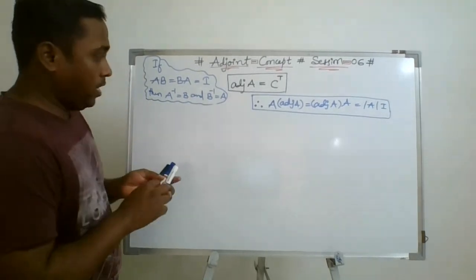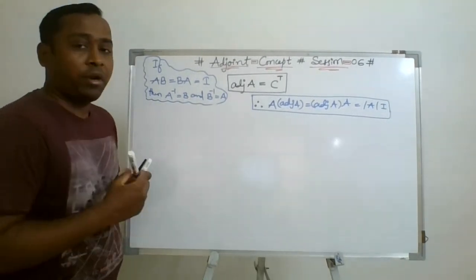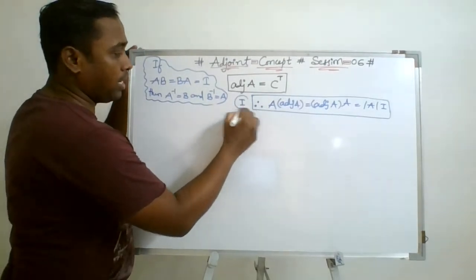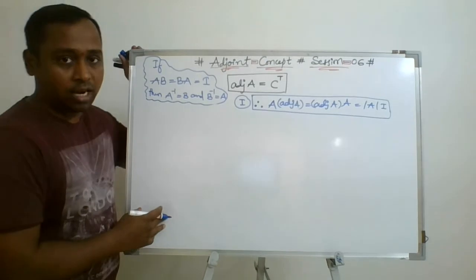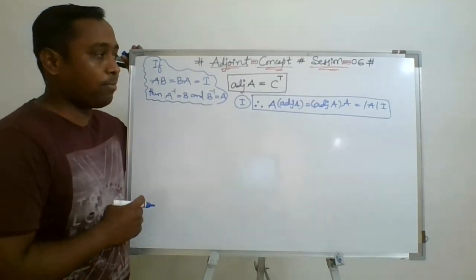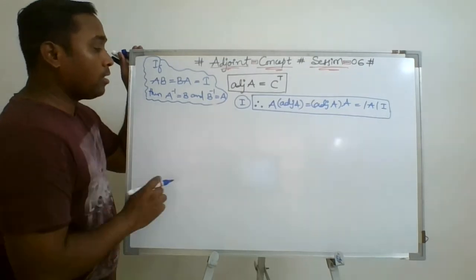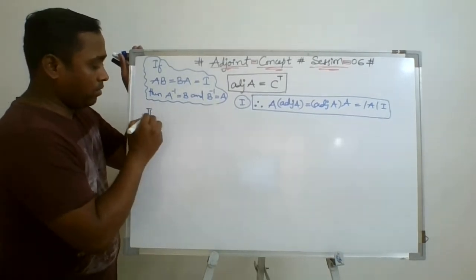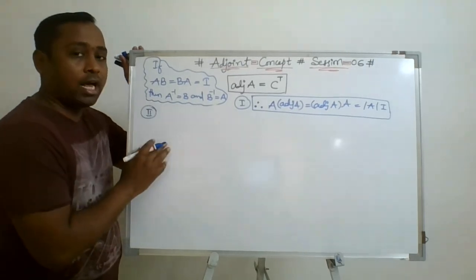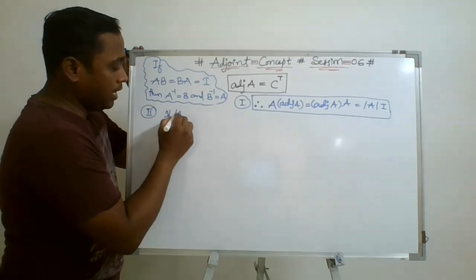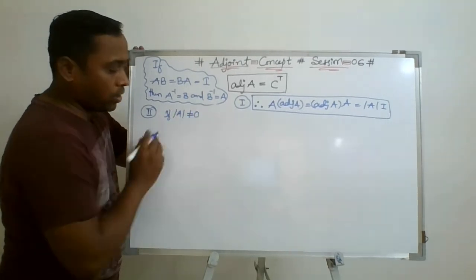Now here, by doing some modification of this main result, I can derive some more results which will be very useful while solving such type of questions. Now I am going to derive this sub result, which we call a corollary of the main result, that if det A is not equal to 0.